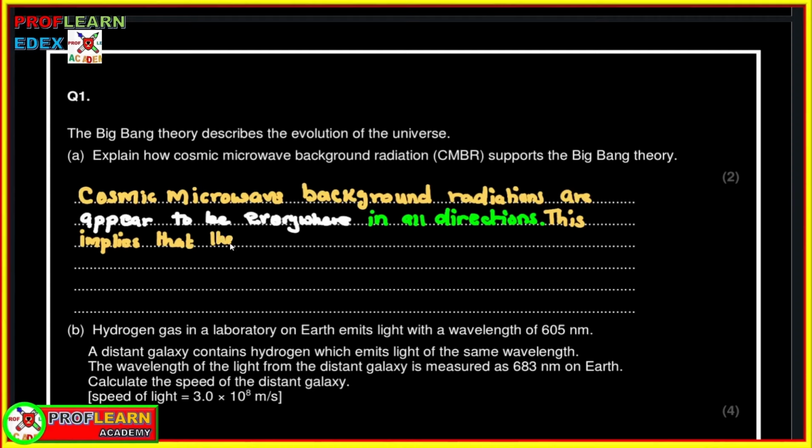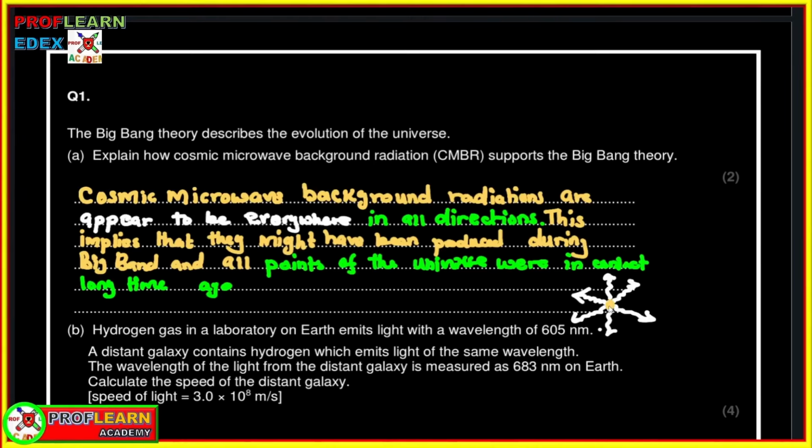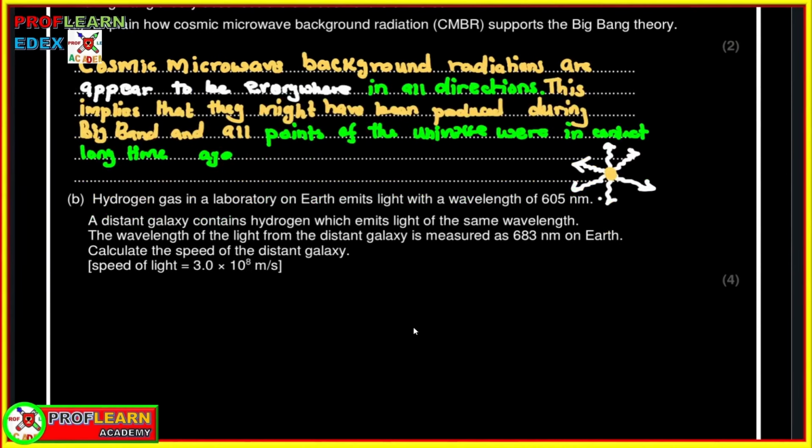So we can say that cosmic microwave background radiation appears to be everywhere, and it is spreading in all directions. This implies that it might have been produced during the Big Bang. And also we can say that all points of the universe might have been in contact long time ago, and now the universe has expanded from this single dense point.